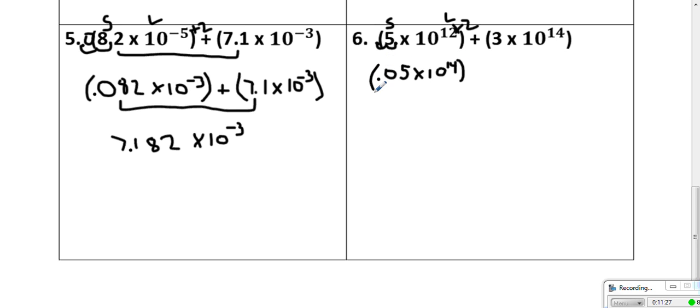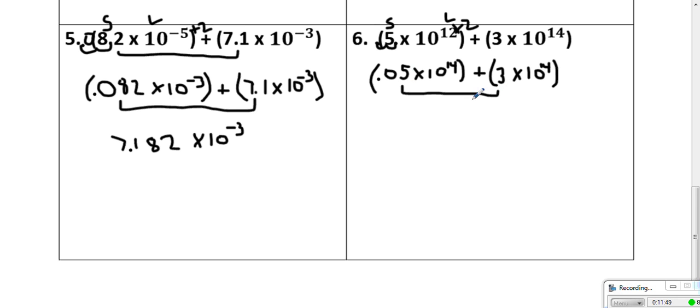So, put the parentheses around. It becomes a plus. You bring this down to the 14th power again, and now you notice that the powers are equal to each other, and that means you could add 3 and 0.05.